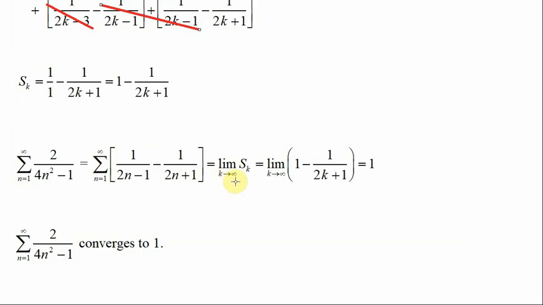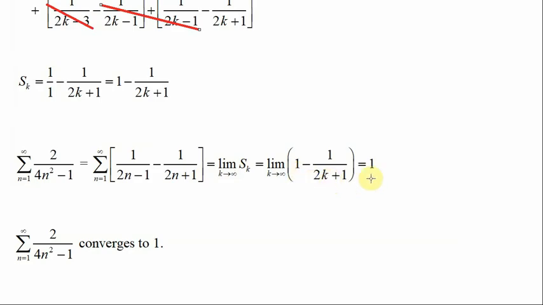But s of k is 1 minus 1 over 2k plus 1. As k approaches infinity, this term right here approaches 0. 1 minus 0, we just get 1.